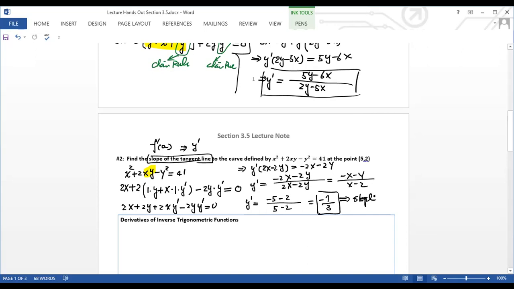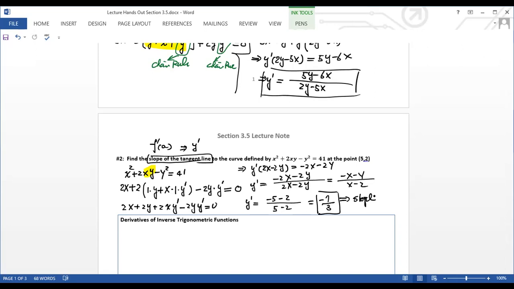Okay. And so this is what implicit differentiation is, and you can do it for any function. And we're going to stop the first video here. For implicit differentiation, be very careful. You need to visualize y as a function of x.